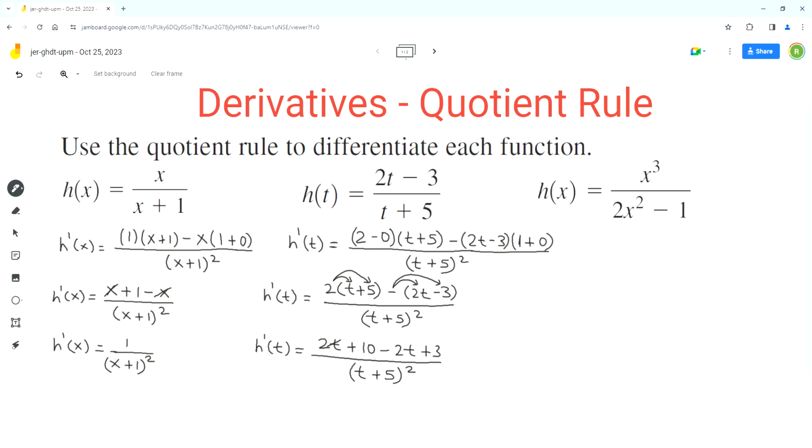So 2t and negative 2t cancel each other out. So we are left with h prime of t equals 13 over (t plus 5) squared. So this should be the final answer for the derivative of the function h(t).